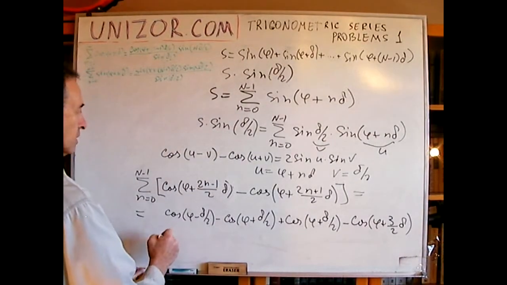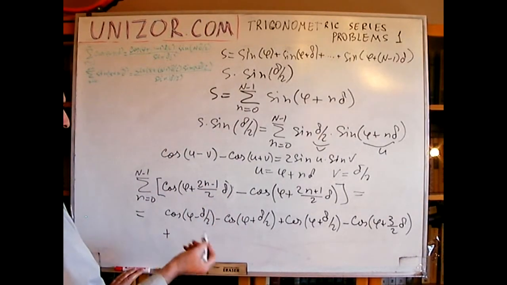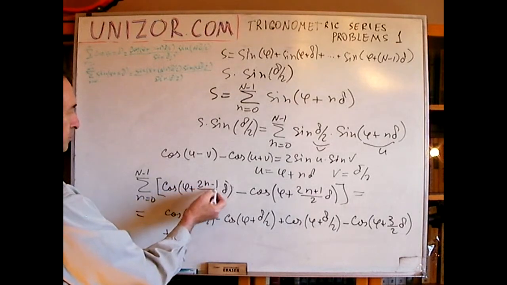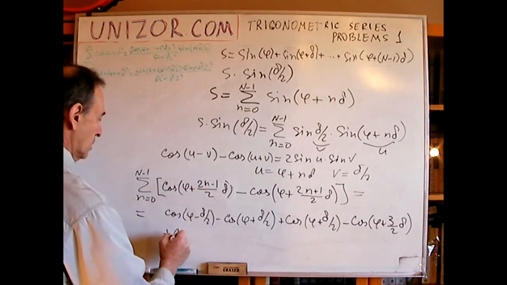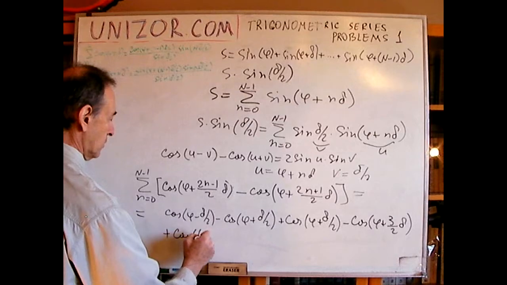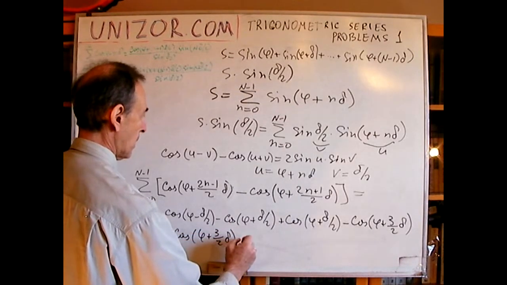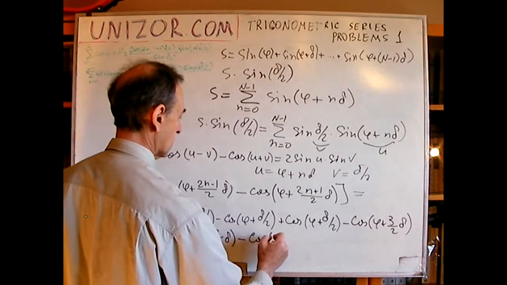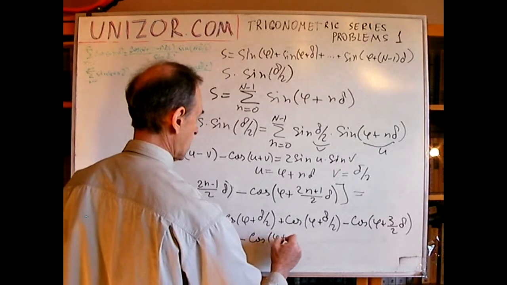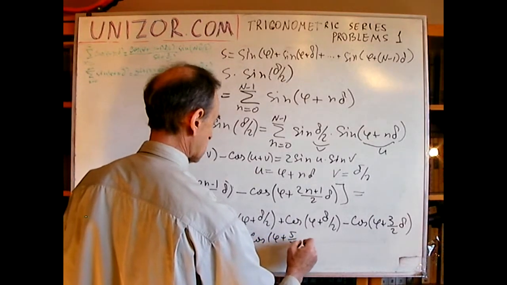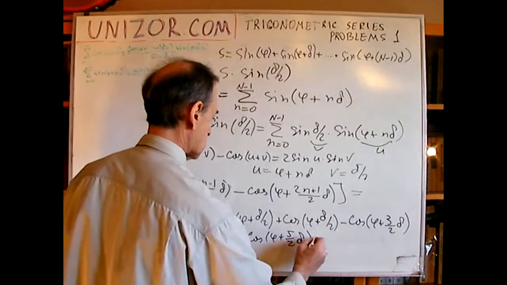That's the first two members. Now, the next one, for n equal to 2, would be cosine of phi plus 3 over 2 delta minus cosine of phi plus 5 over 2 delta, plus, etc.